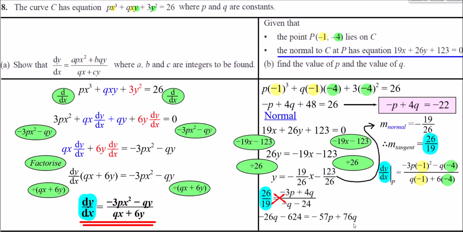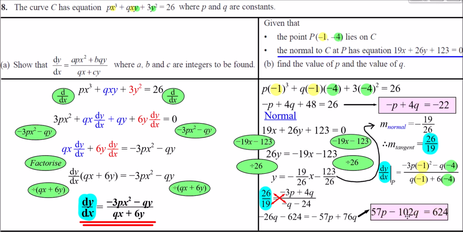If I now get this into a similar equation to this one, where I have p and q on one side and the number on its own on the right, I could add 624 to both sides, and then add 57p to both sides, and then subtract 76q from both sides. Because I'm trying to be a bit efficient with space, I'm skipping a few of those steps, but I'm hoping you can convince yourselves that this would simplify into this equation.